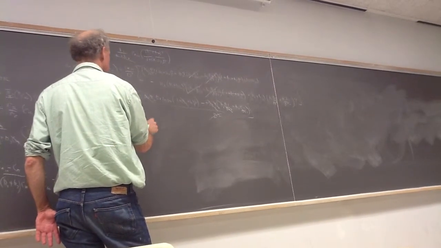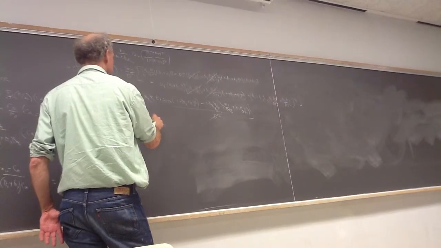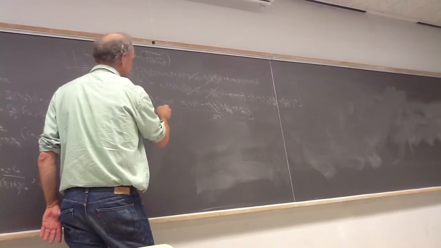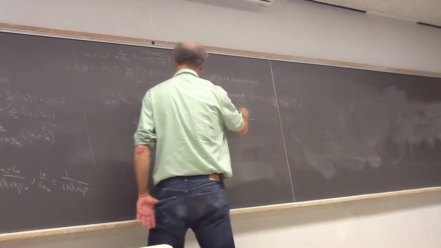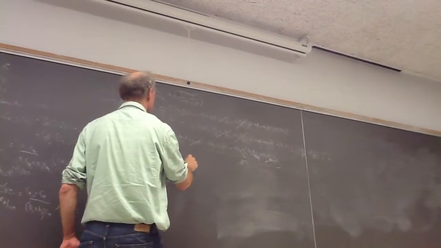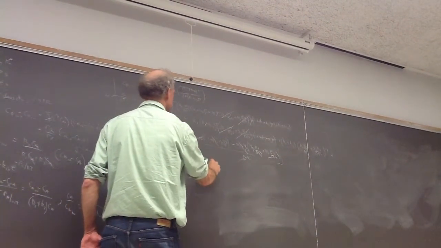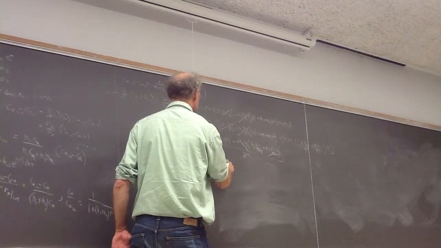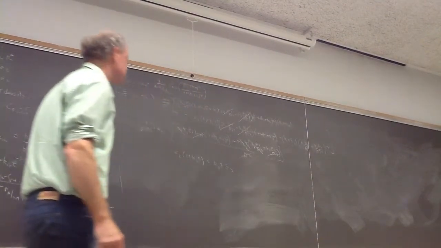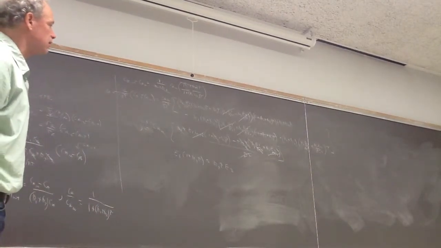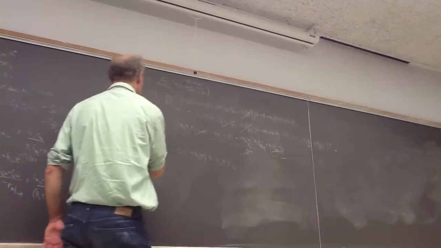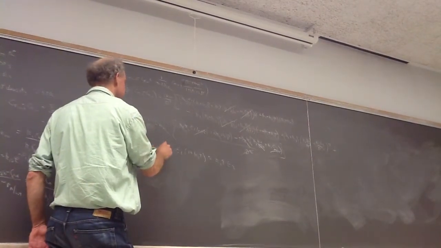I'm left with E1 over RT plus E1 over RT squared. Oh, and I can also cancel the RT squared. So here I have E1 times (1 plus K2 tau) is equal to K2 tau E2. If I haven't made any mistakes, that looks like it might be reasonable. Okay, so this is E1 plus K2 E1 tau.